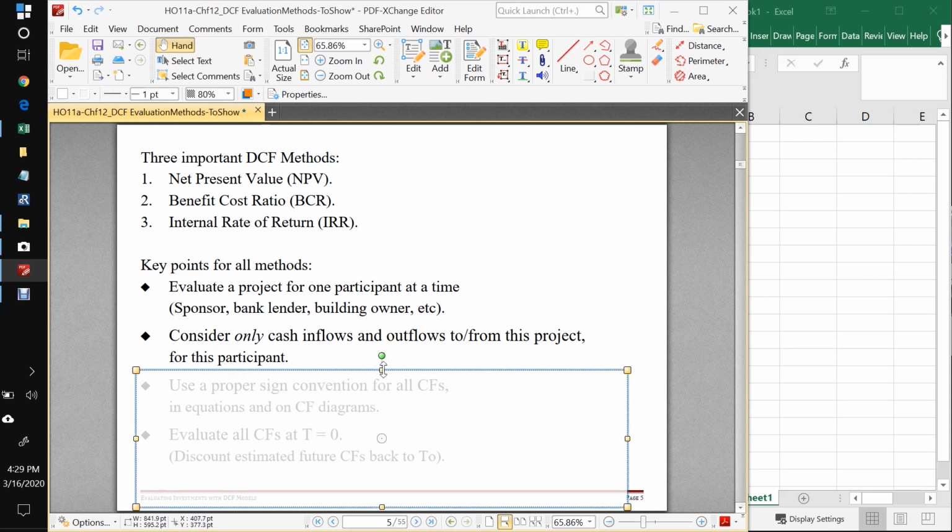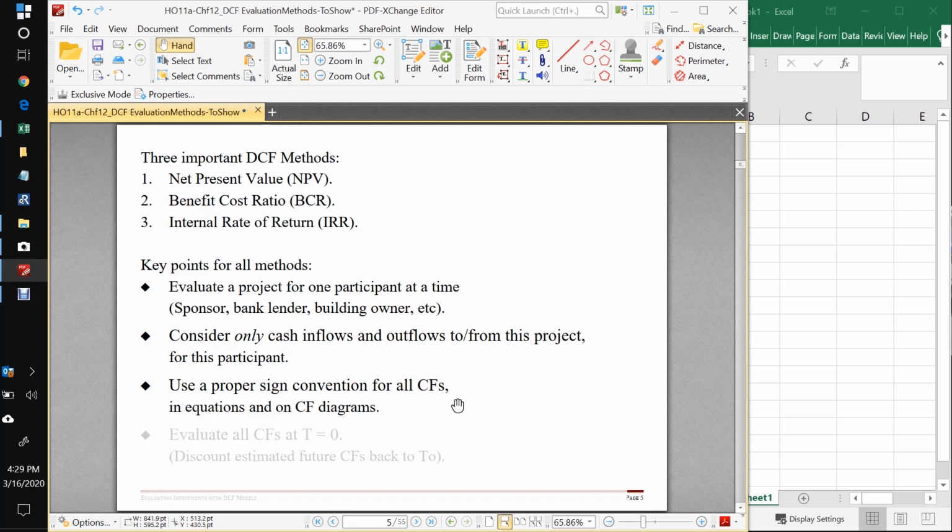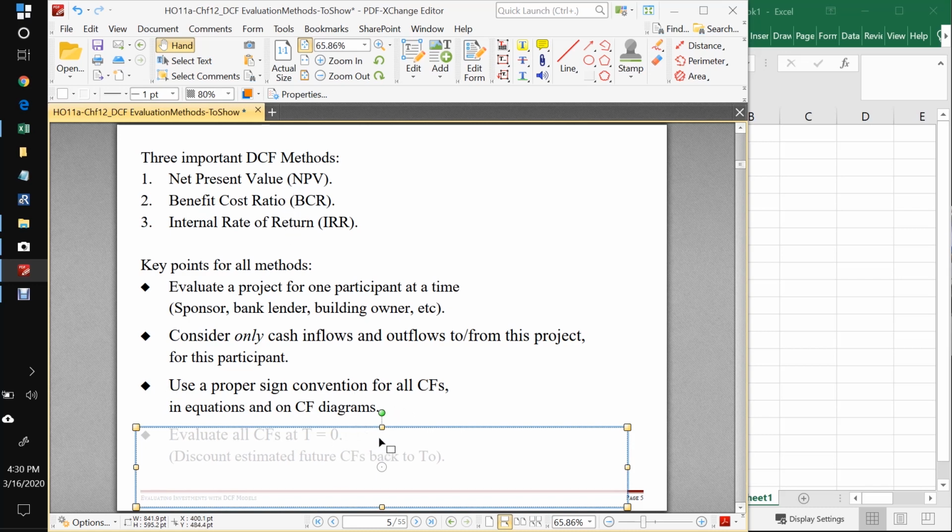And now, for the first time in time value of money, we're always going to be using a proper sign convention for all of our cash flows in all our equations and on all our cash flow diagrams. So we're not going to be anymore saying, oh, okay, well, the algebraic signs might be wrong, but we're going to use common sense to suss out what's going on. Now we're always going to use a proper algebraic sign convention. Okay, and that's true for all three of these DCF methods.